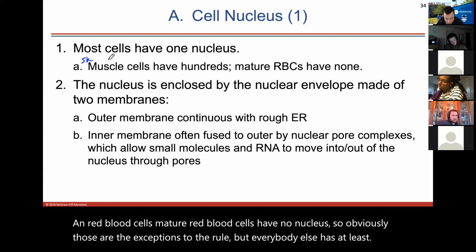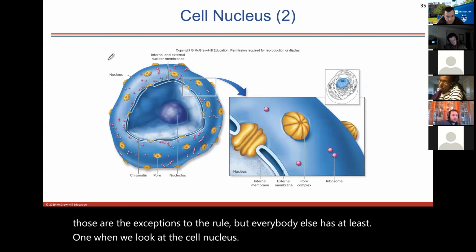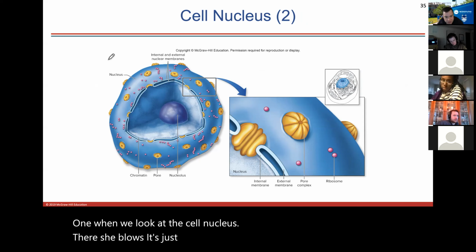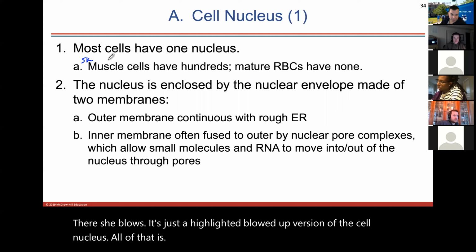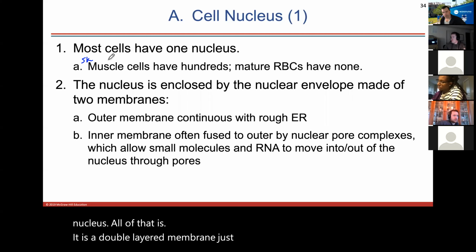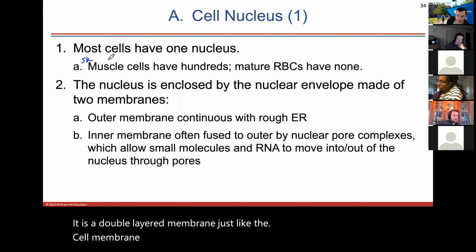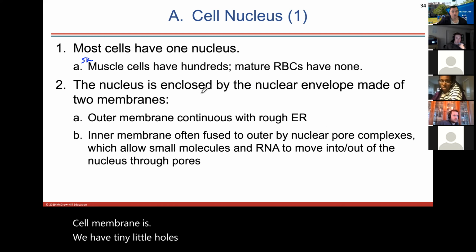When we look at the cell nucleus, there she blows. It's just a highlighted, blown up version of the cell nucleus. It is a double layered membrane, just like the cell membrane is. We have tiny little holes within the nuclear envelope, the nuclear plasma membrane.